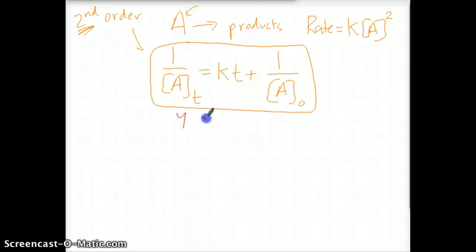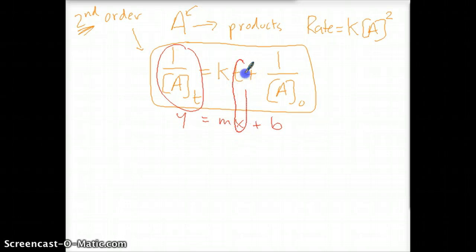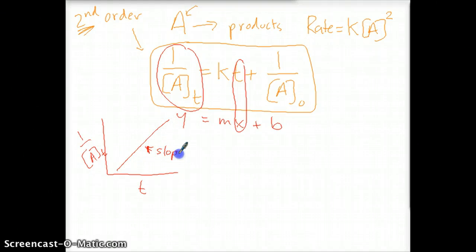This gives us a y equals mx plus b relationship, where if we take the inverse of the concentration and put that on the y-axis, and put time on the x-axis, so time here, 1 over concentration of A sub T. If we plotted this information, we would get a straight line with a positive slope, and the slope is equal to k, the rate constant.